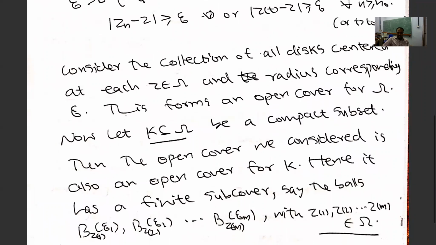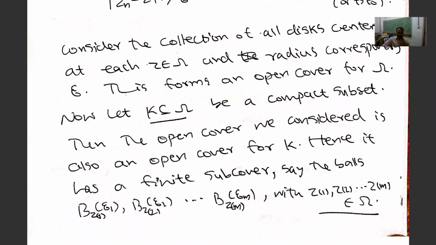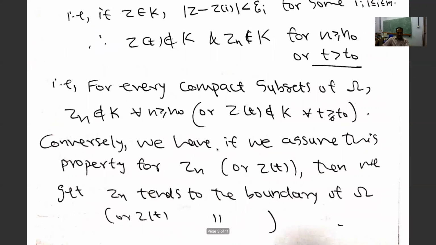By compactness, you will have a finite subcover. That means you are getting finitely many elements, which we denote by Z1, Z2, up to Zm. Corresponding to that, you have epsilon 1, epsilon 2, up to epsilon m, and n1, n2, etc., with the property that Zn will leave these balls after a certain stage.